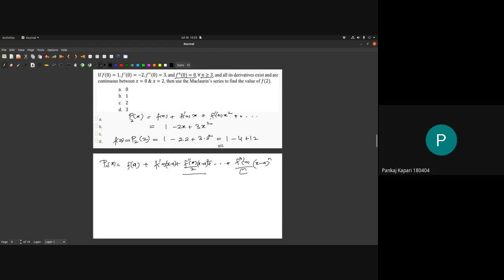So this is f double prime 0 divided by 2. This is the correct polynomial. So you have to divide by 2. Okay, so this is 6, right? What is the answer? 3.